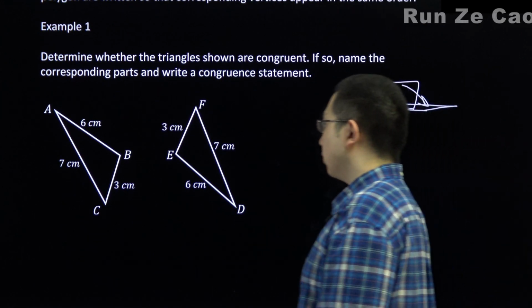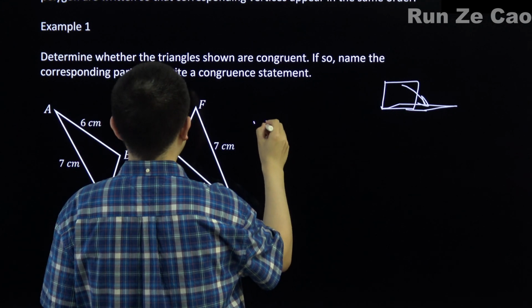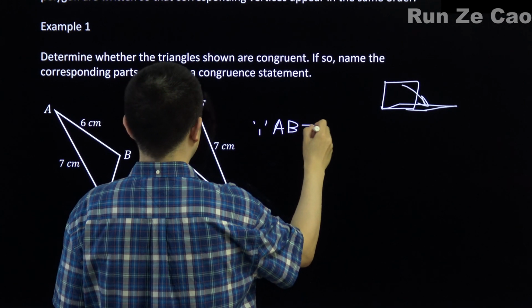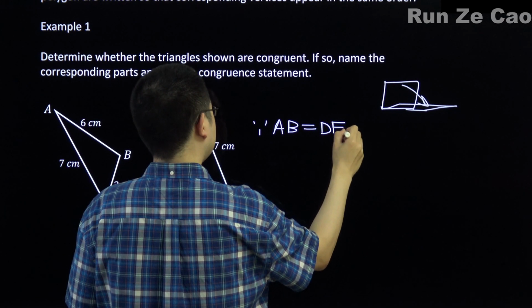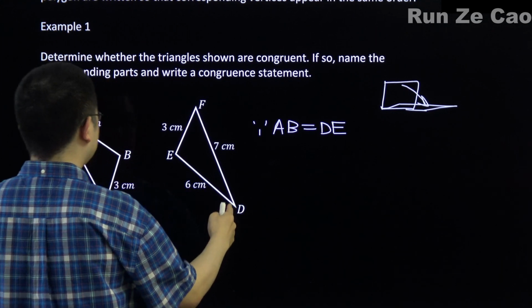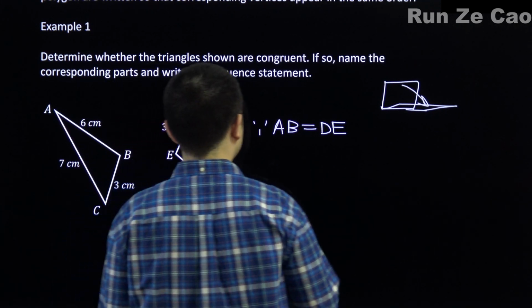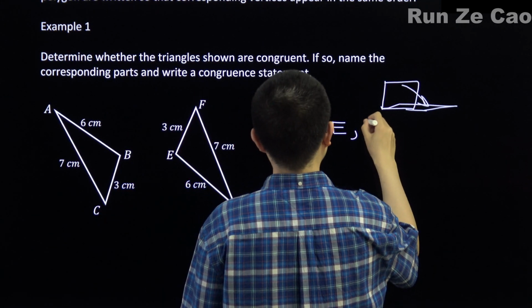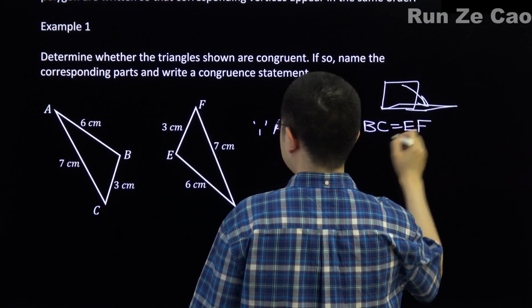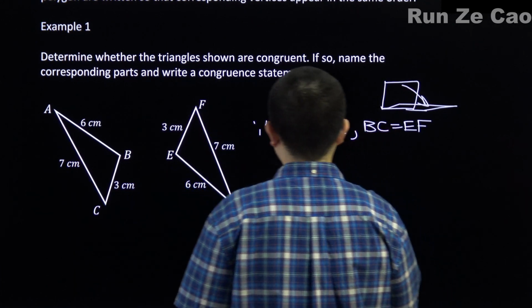Here, we're going to use side, side, side congruency. So because AB equals DE, AB is 6 centimeters, DE is 6 centimeters, and I'm using the corresponding points in the same order. And BC equals EF, so 3 centimeters, we're using them in corresponding order.